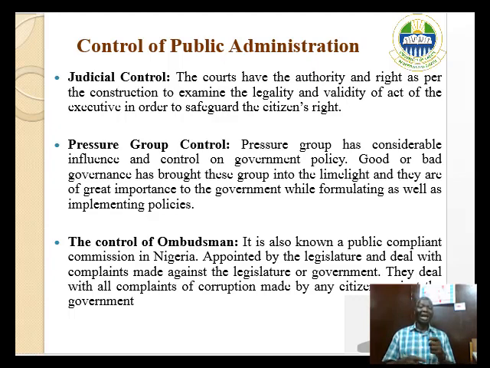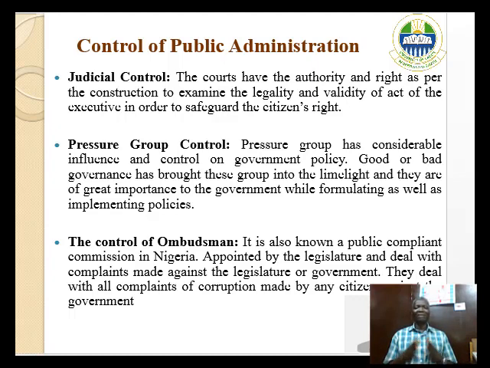So in the process, they have influence and control on government activities by their own nature or their activities, before government will formulate or implement any policy. So the pressure group also has a little influence. That is a way of controlling the public administration.